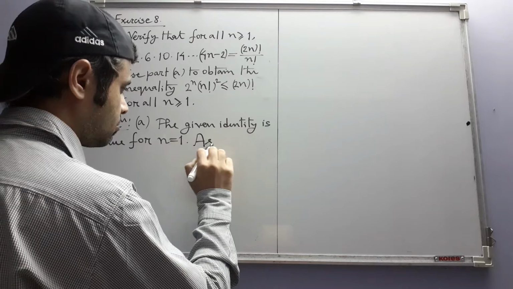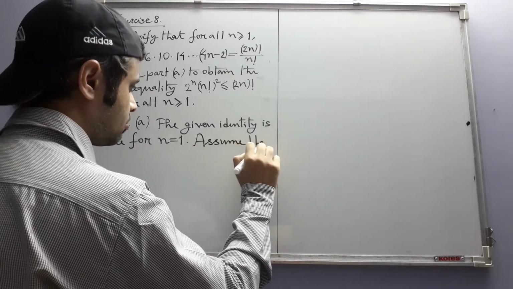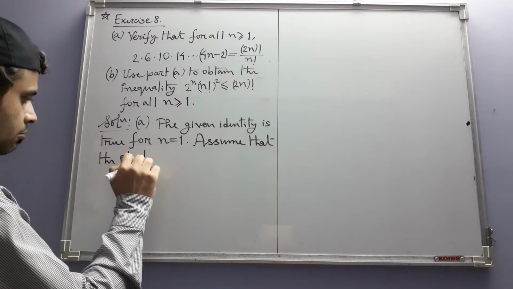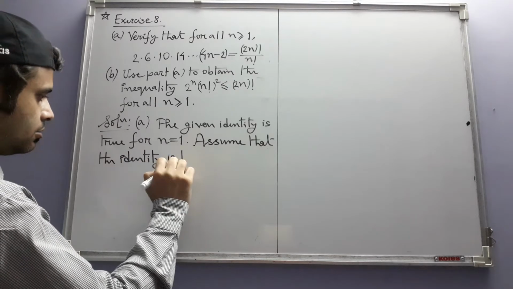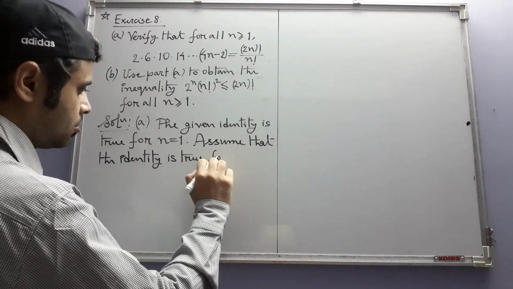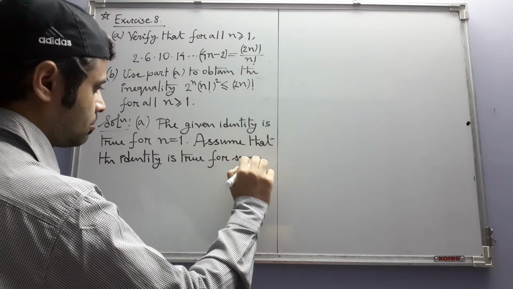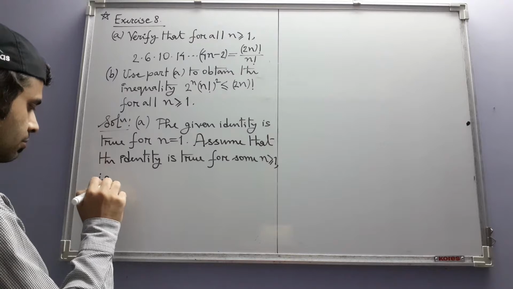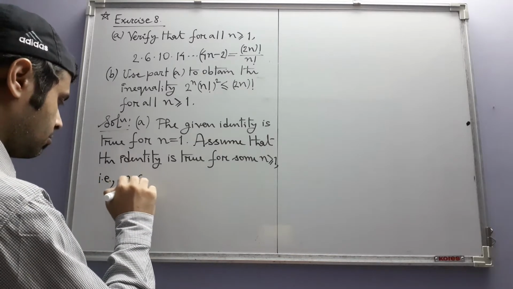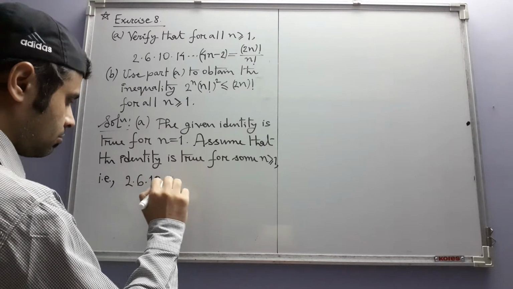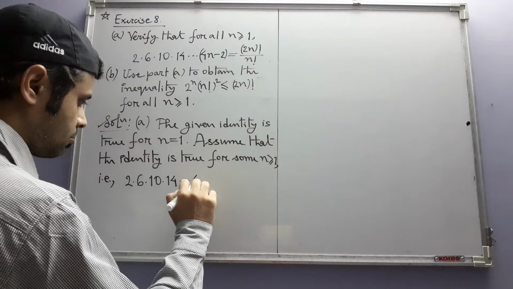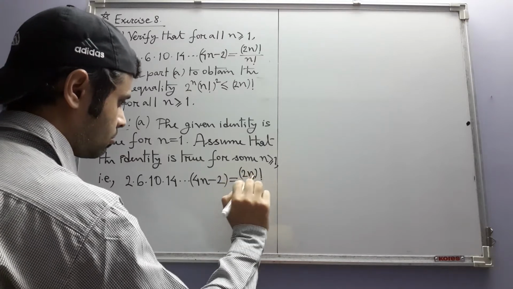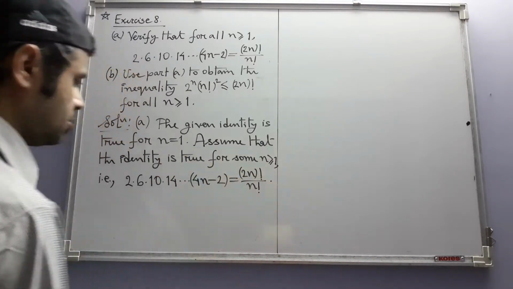Assume that the identity is true for some n greater than or equal to 1, for some positive integer, that is this.